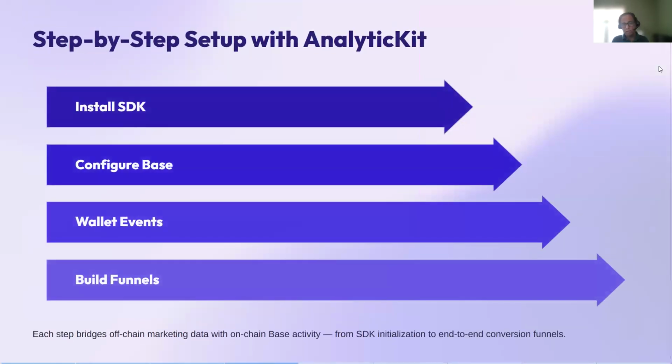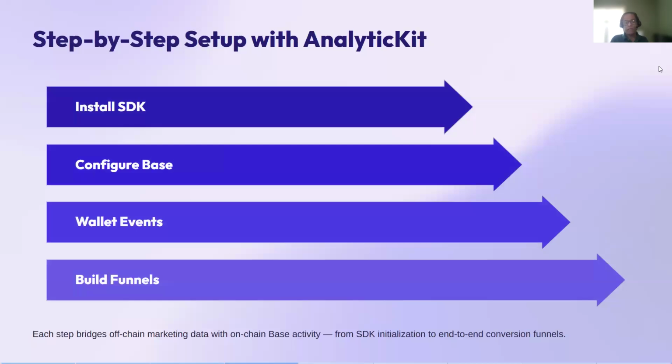So for this, if you are planning to use AnalyticKit, it's a pretty simple set of steps. You can do it on the back end if you have a development team for your marketing agency. You have to install the software AnalyticKit and then configure it to Base, deciding which Base address you want to track.